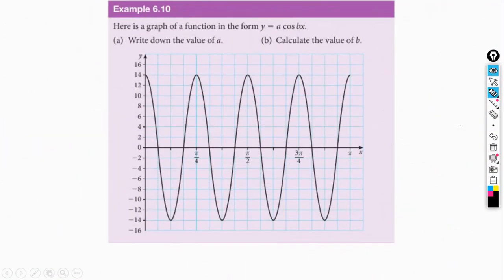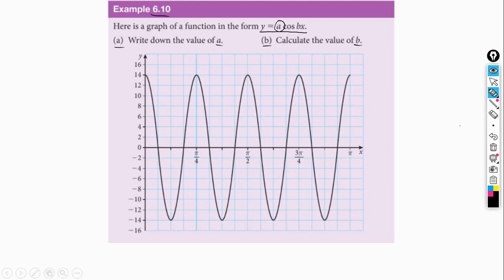We continue with example 6.10, and it says, here is a graph of a function in the form y equals a times cosine of bx. Letter A, find the value of a, and B, find the value of b. So recall that a, in this case, is just the amplitude of the function.